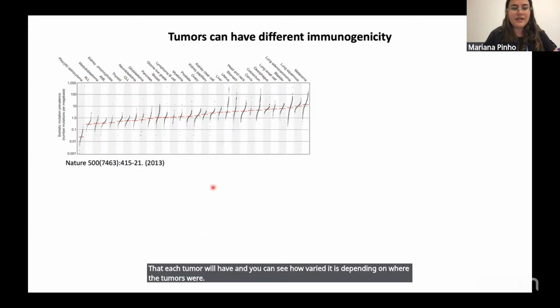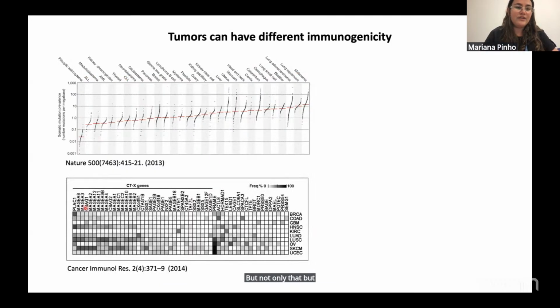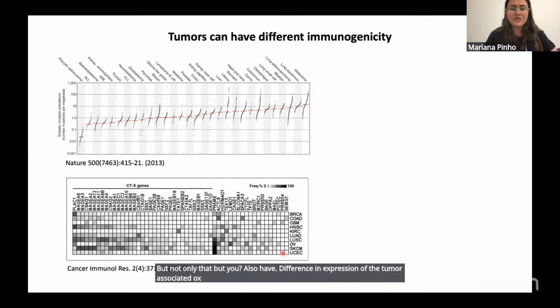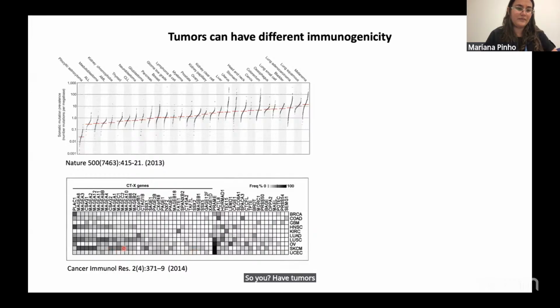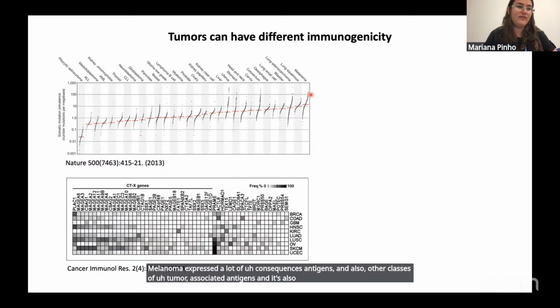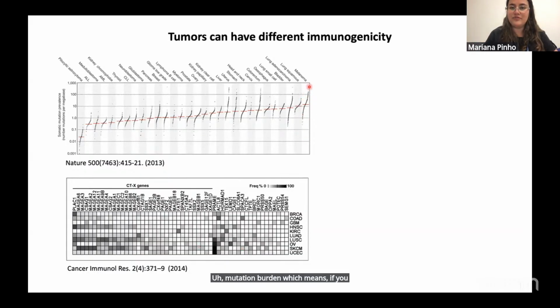But not only that, you also have differences in the expression of tumor-associated antigens. So you have tumors that express many types. For example, melanoma expresses a lot of cancer testis antigens and also other classes of tumor-associated antigens. And it's also one of the tumors with the highest mutation burden, which means it will have the most neoantigens.